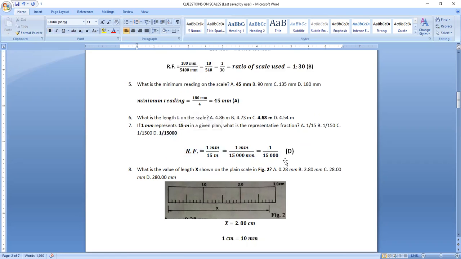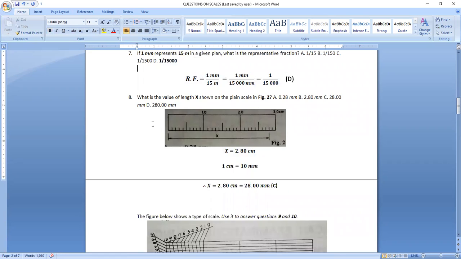Then we move to question 8, which says, what is the value of length X shown on the plane scale, figure 2? This is figure 2. The distance from here to here is equal to 28.00 millimeters.